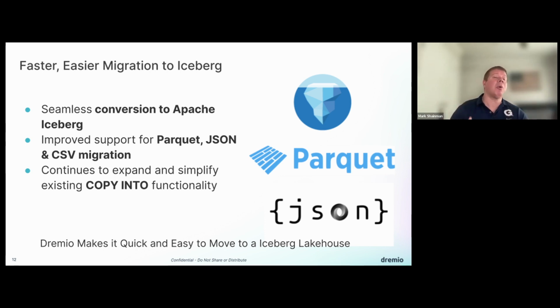So overall, what we're trying to do is make it easy and as rapid as possible for organizations to move from their existing data lake environment and implement a new Iceberg Lakehouse and take advantage of all the goodness that I mentioned earlier that Iceberg brings to the table for organizations in analyzing data, really bringing that warehouse functionality to the data lake and enabling organizations who are leveraging Dremio to implement a true lakehouse environment with Iceberg.